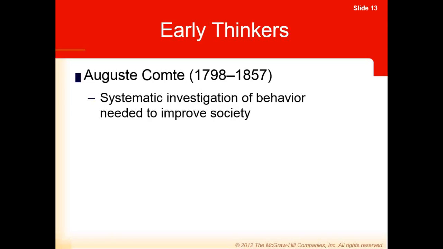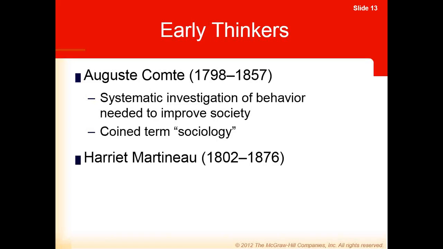We would have laws governing interaction, the social physics, and laws governing social structure, the social statics. And Comte's idea was, of course, that we were doing this with an eye towards making improvements in society, so that we could suggest policy changes. He coined the term sociology, as I mentioned.